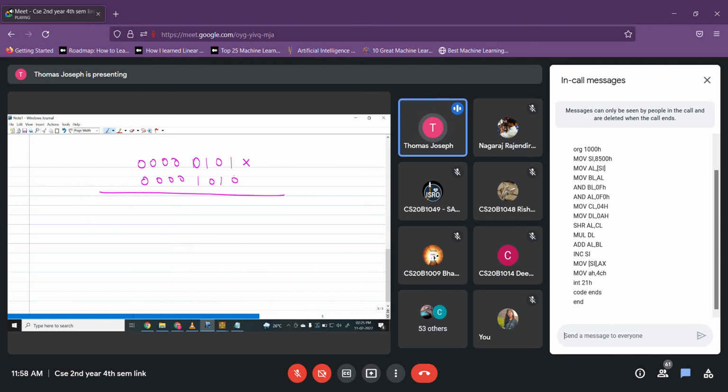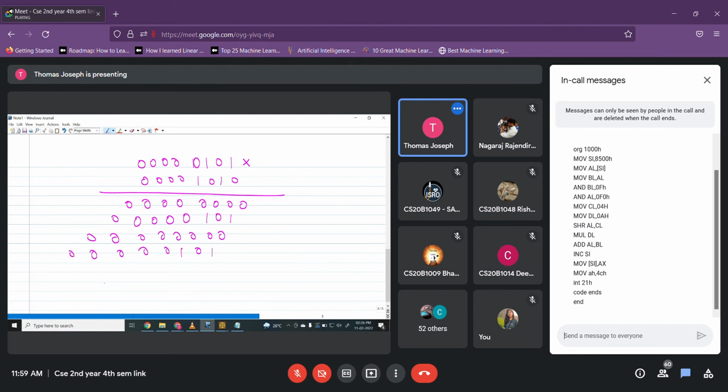So you multiply this 0 with all the bits, you will get 0000. Then multiply this with this one. 1 into 1, 1 into 0, 1 into 1, 1 into 0. Then all are zeros. Okay. Similarly, continue this operation. And again 1, 0, 1.